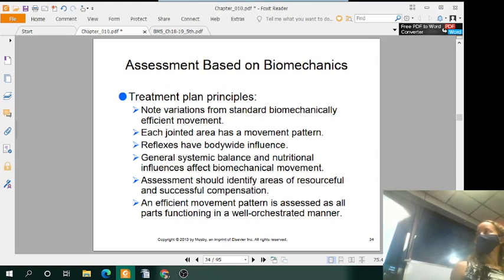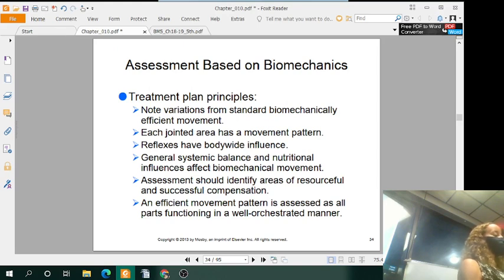There are, of course, variations according to what we find, and there's reflexes in the body, nutrition, influences, of course, the health of the tissues. And of course, each joint has a certain movement pattern. It should be staying within its capsule.